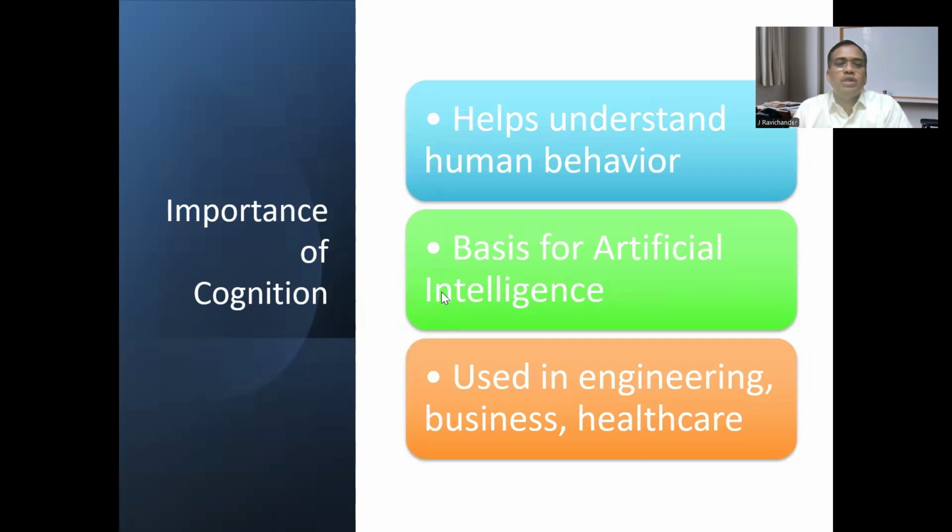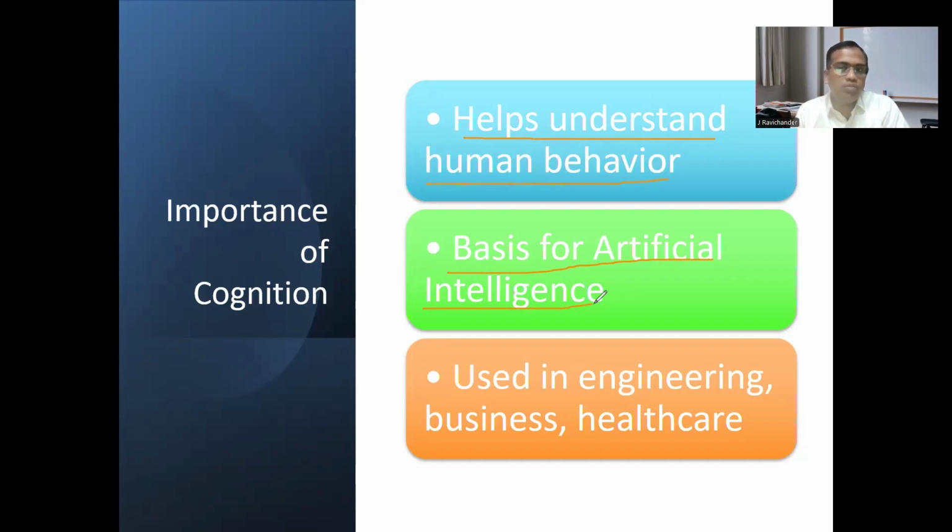So what is the importance of cognition? It helps in understanding human behavior, as well as being the basis for artificial intelligence. If we understand natural intelligence, only then can we understand artificial intelligence and how the brain functions.